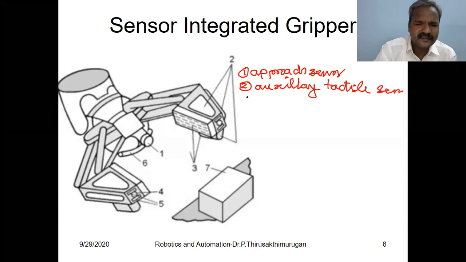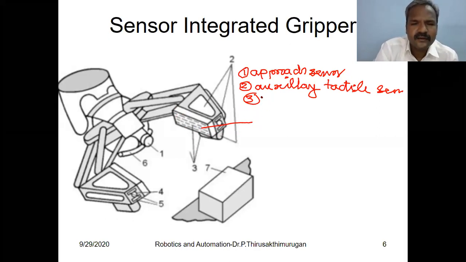Three is the touchpad for tactile sensing. This is the tactile touchpad array, a sensor array in this touchpad.